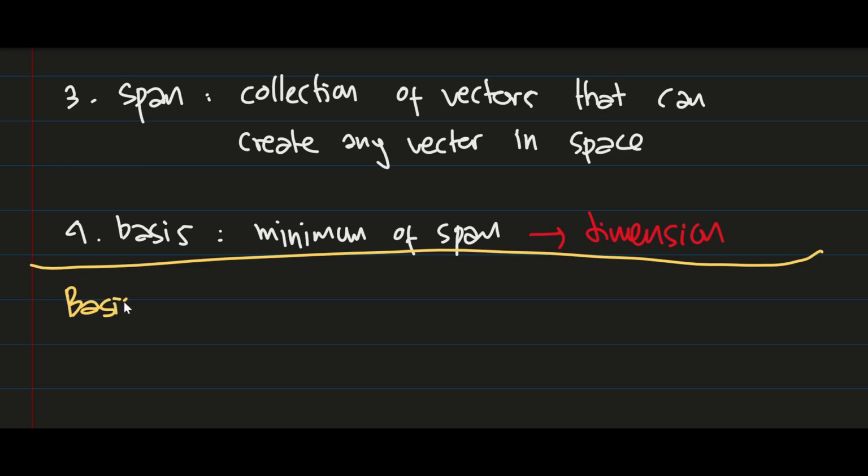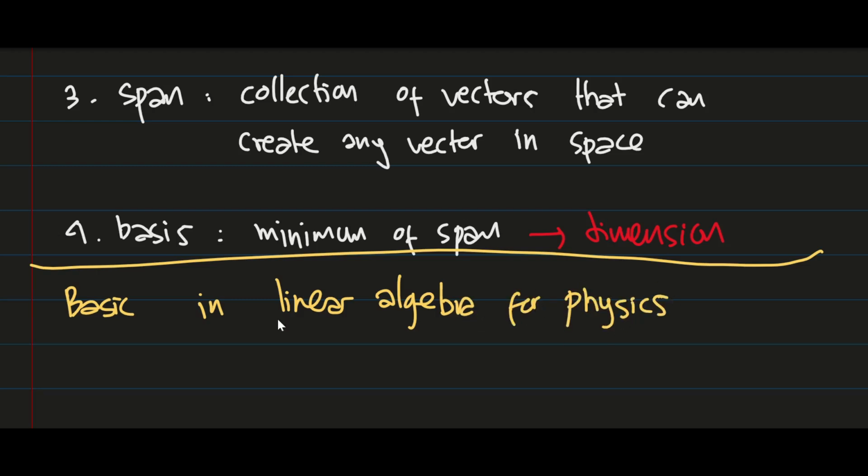This is a very fundamental abstraction in linear algebra that you need to know before we continue to learn more and more about vectors. For this I just write it as basic linear algebra for physics.